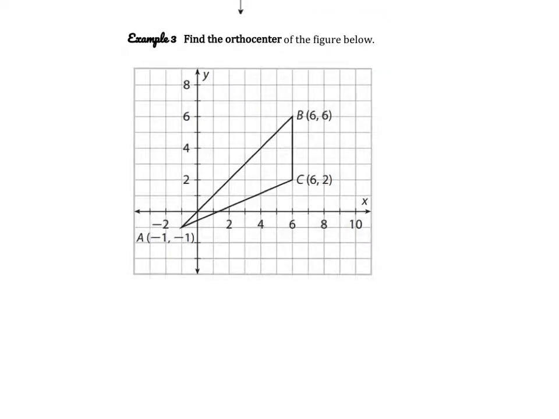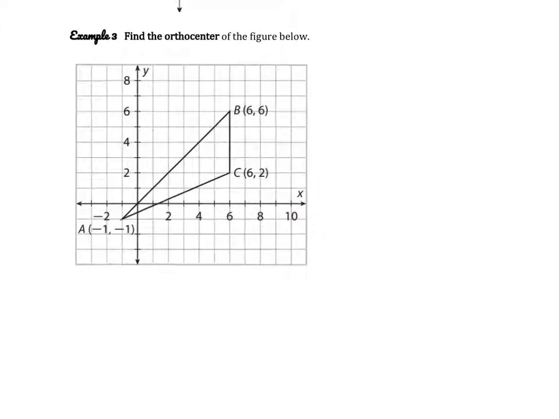Okay, let's try one more together. So let's start by drawing the altitude of angle C, because I can see it's going to go right across here. So again, to draw the altitude of angle C, first we need to know what the slope of the opposite side is.